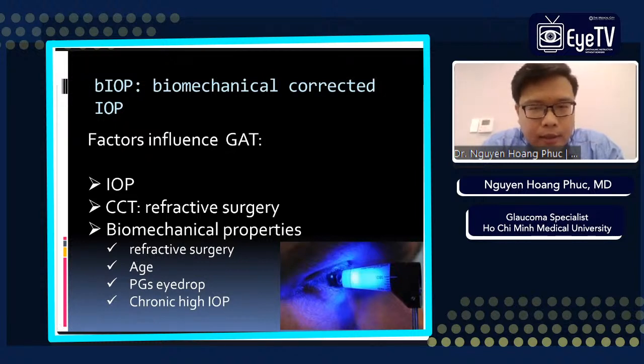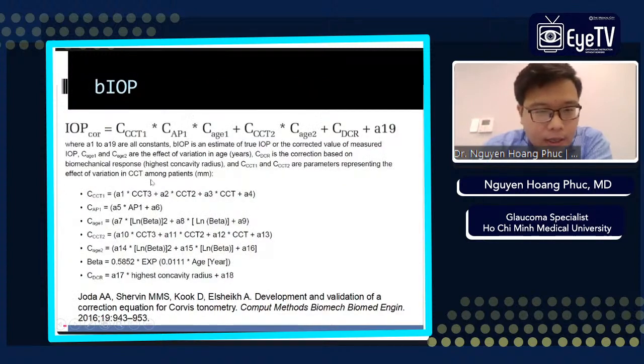We all know that Goldmann tonometry is affected by the inside IOP, the central corneal thickness, which mostly changes after refractive surgery, and the biomechanical properties of the patient, which change with age, with the time of use of prostaglandin eye drops, and with the time of high pressure. And this is the formula.